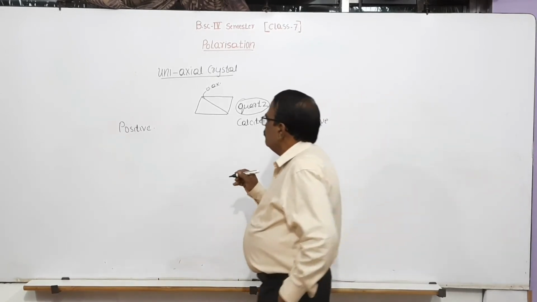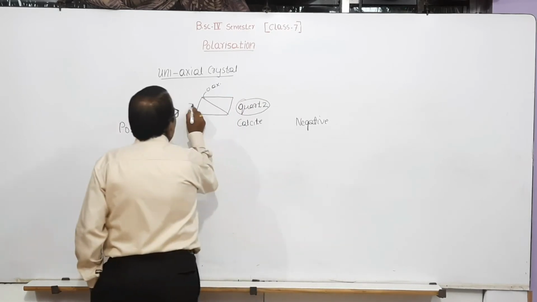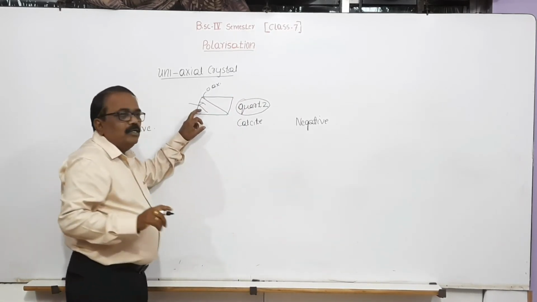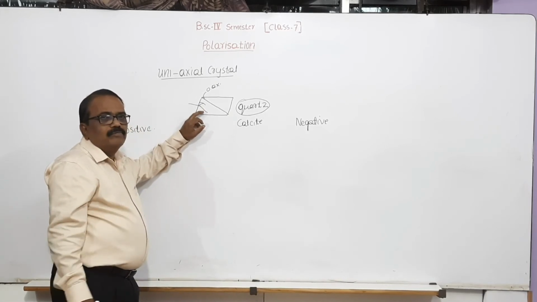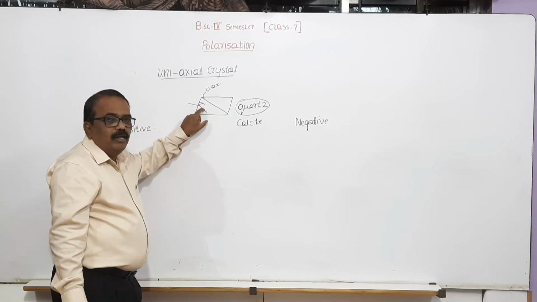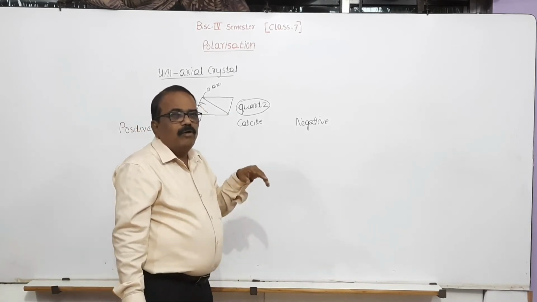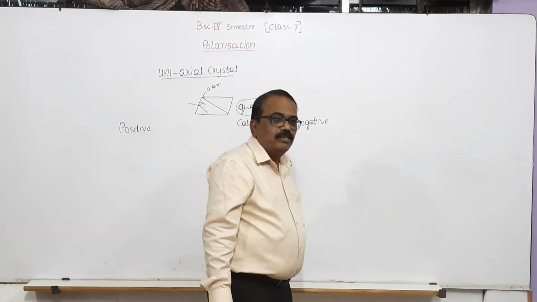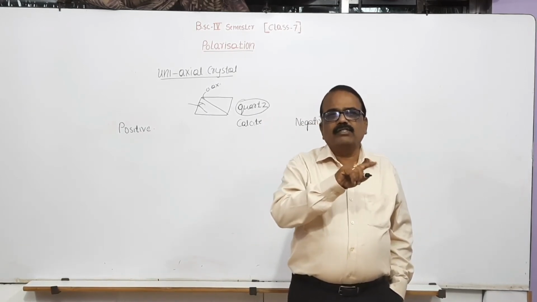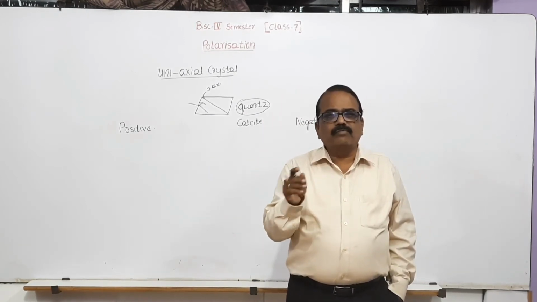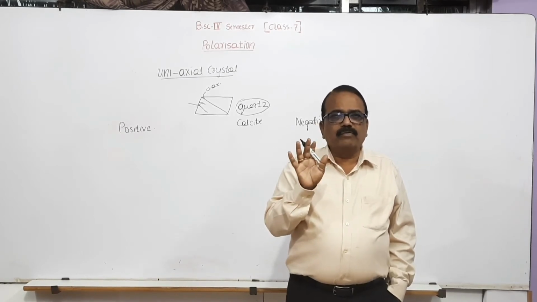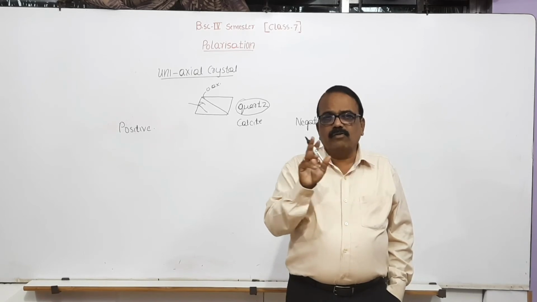Inside this crystal, the velocity of the ordinary ray remains constant, whereas the velocity of the extraordinary ray depends on the angle of incidence. So if the angle of incidence or direction changes, the velocity of the extraordinary ray changes, but the velocity of the ordinary ray does not change.